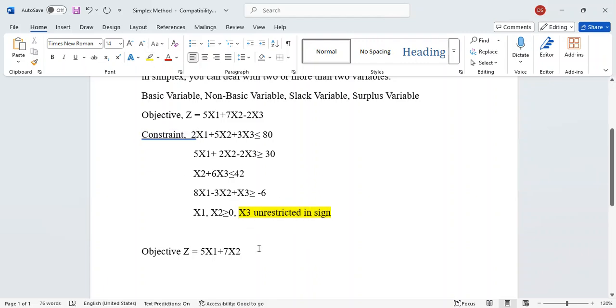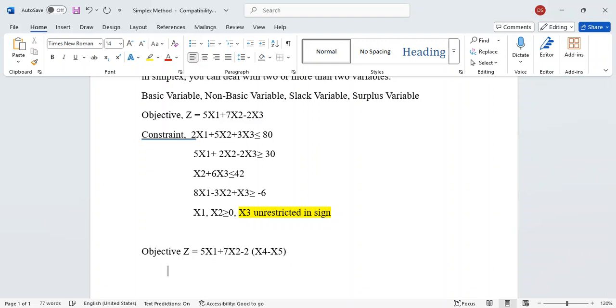When unrestricted sign comes into the picture, you assume that this is the difference of two other variables. So 2x3 is equal to the difference of x4 minus x5. You have to arrange things in this way.